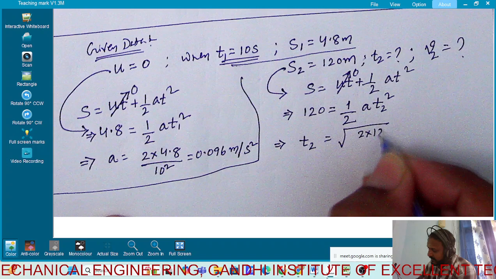You got 4.8 meter per second. So with this velocity, it is striking the water. So you have found out what is T2 and you have found out what is V, or you can say V2 also, this one. Okay.